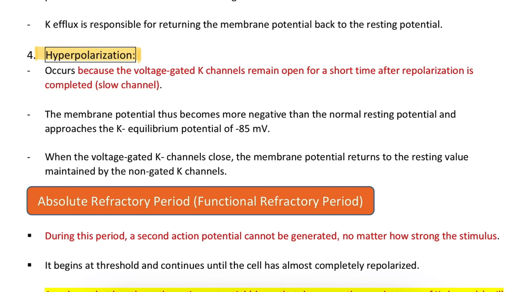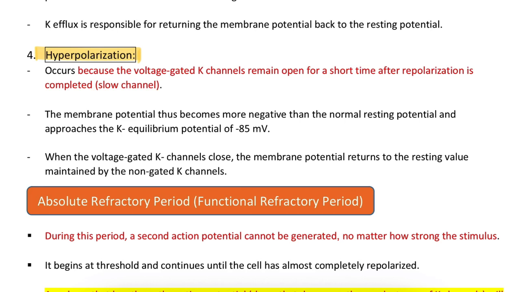The mnemonic: hyperpolarization, or you can say HeLa negative. So the membrane permeability changes: sodium permeability spikes during depolarization, potassium permeability spikes during repolarization and hyperpolarization. At rest, potassium dominates via leak channels.